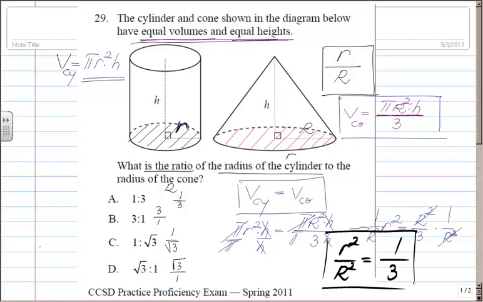Well, some of you may be in a rush and will just go ahead and say, yeah, the answer is A, but that would be wrong, because the problem is asking me to find what is the ratio of the radius of the cylinder to the radius of the cone, not of the square of the radius of the cylinder to the square of the radius of the cone, right? So we need to find what is r over capital R, not what is r squared over capital R squared.